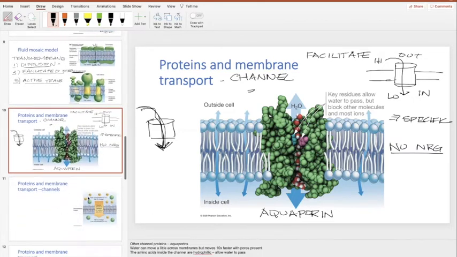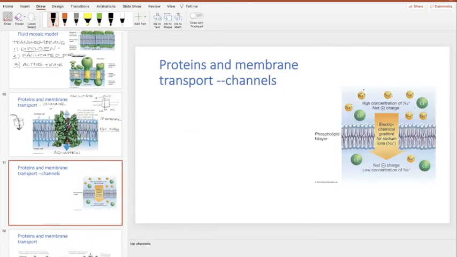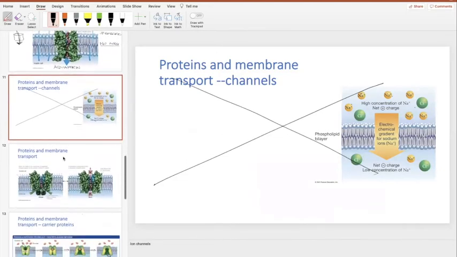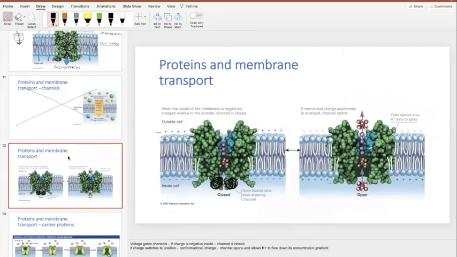So I'm going to actually skip this slide. I decided not to use this slide in this lecture, and I'm going to draw your attention to the following slide. This is a modified channel protein called a voltage-gated channel. And what's going to happen with this channel protein is it's going to allow us to control the rate at which molecules flow through this channel, okay?